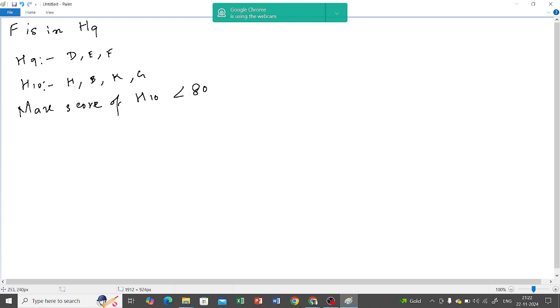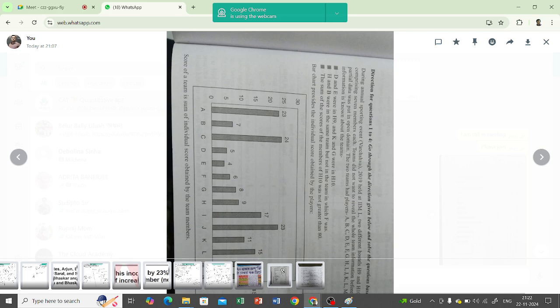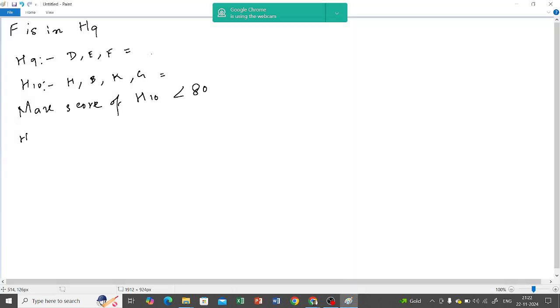So in this case, what are the scores up to here? D, E, F. If you see the graph, D is 5, then E has scored 4, then F has scored 6. So in total we have 15.